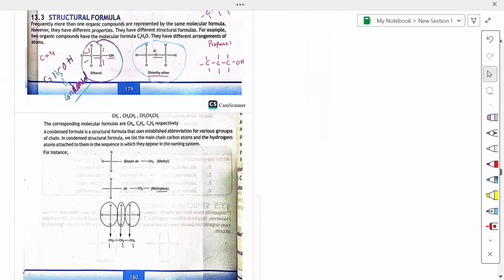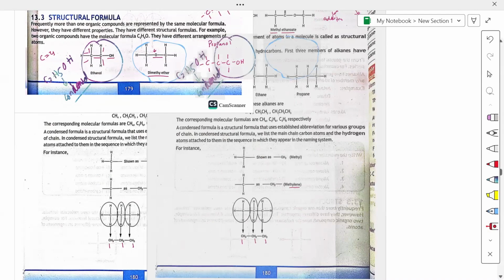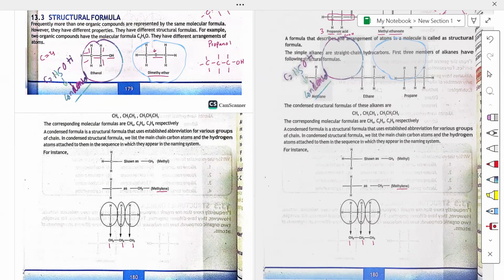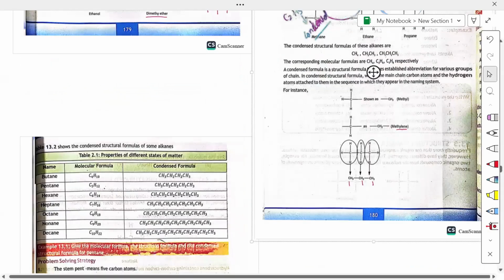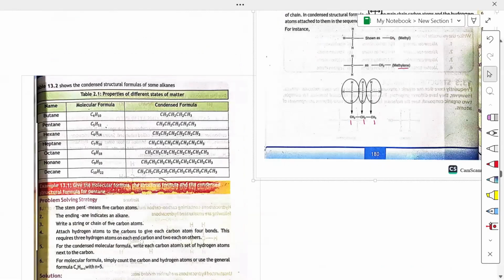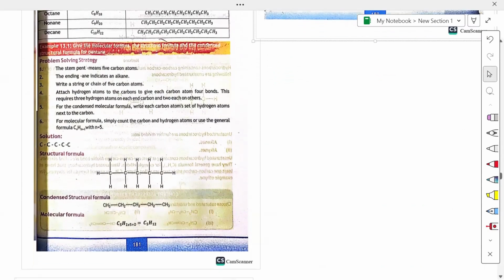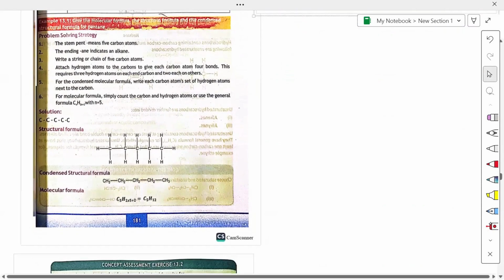Did I mess up the pages? It's on page 181. Oh, Okay.